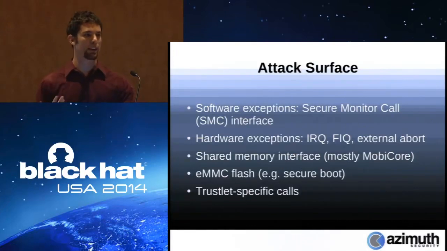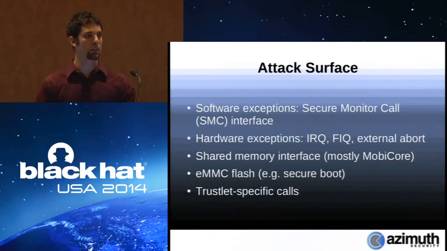When you consider the fact that in many cases, TrustZone will actually read the contents of disk and do some amount of parsing, for example, to verify the contents of disk for secure boot, any vulnerabilities in that reading from disk and parsing could potentially be exploited by pathological disk contents. And then finally, there may actually be vulnerabilities in the individual trustlets, these trusted applications that are frequently authored by third parties.